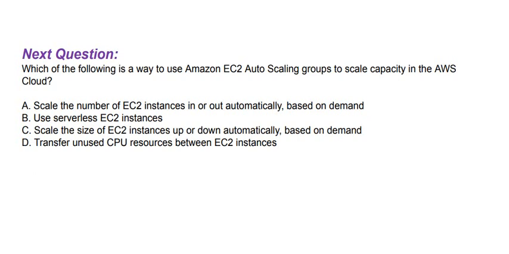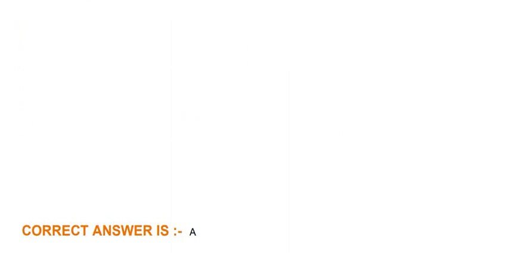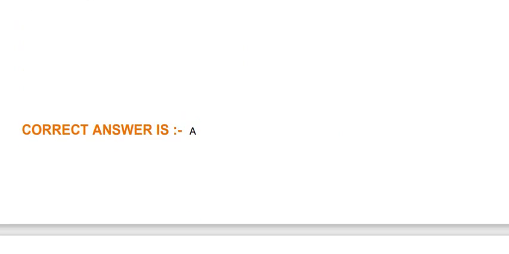Option C, scale the size of EC2 instances up or down automatically based on demand. And option D, transfer unused CPU resources between EC2 instances. The correct answer is option A.